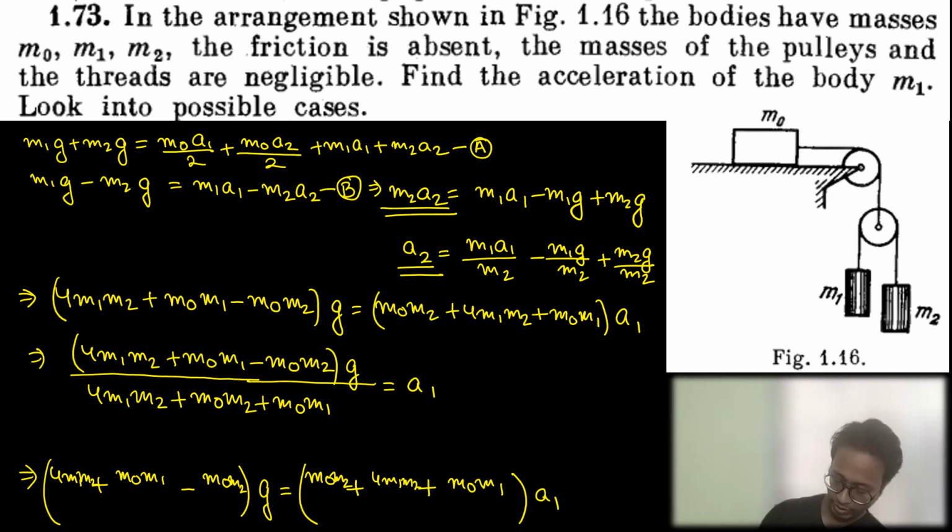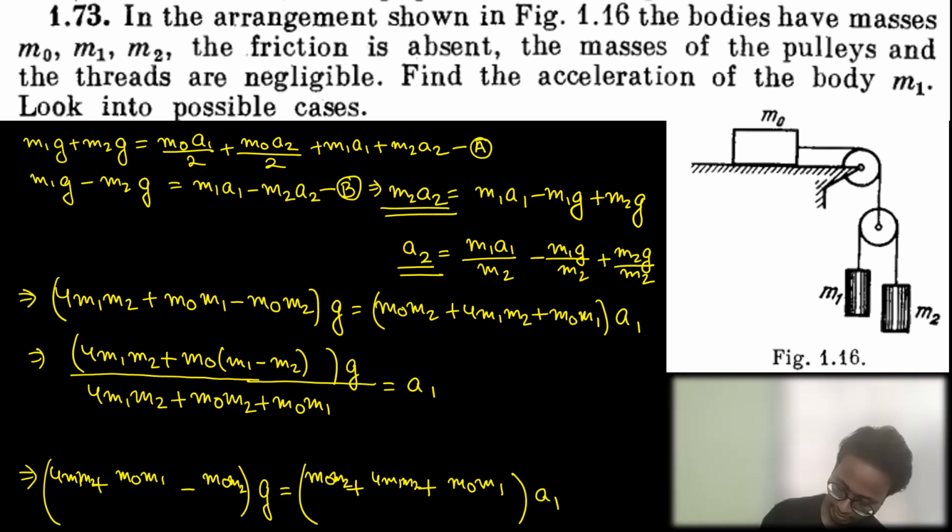Okay, so out here I can take m naught common. Let me erase this one. Solving the equation, m naught into m1 minus m2.